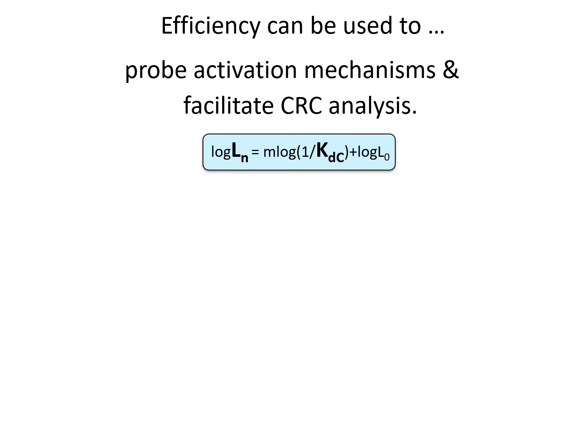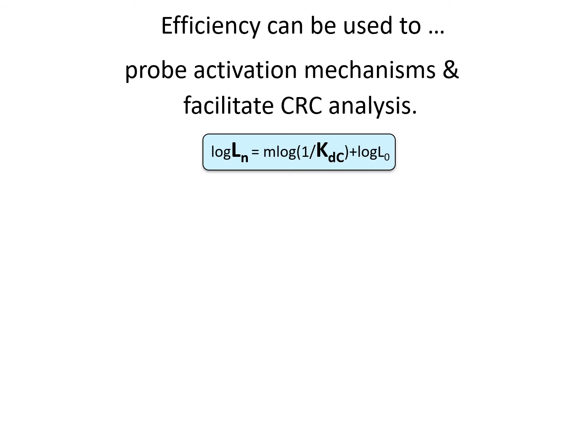If any of those hypotheses that we proposed turn out to be true, they were derived from an analysis of efficiency. But in the next 2 slides, I'm going to show you how efficiency can be used to facilitate a concentration response curve analysis. And the key here is the blue equation, which relates the gating equilibrium constant, Ln, n being the number of binding sites, and the low affinity binding dissociation constant, KDC.